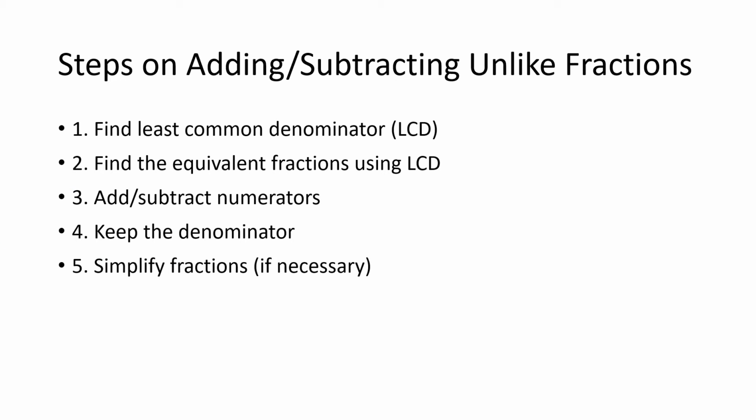So there's like a step 0. Step 0 is check your denominators first. So first of all, you want to check whether you have unlike fractions or fractions with the same denominator.